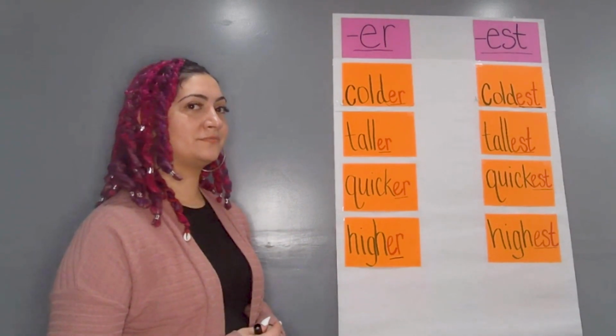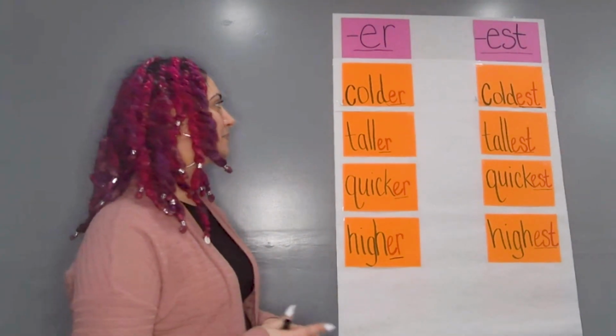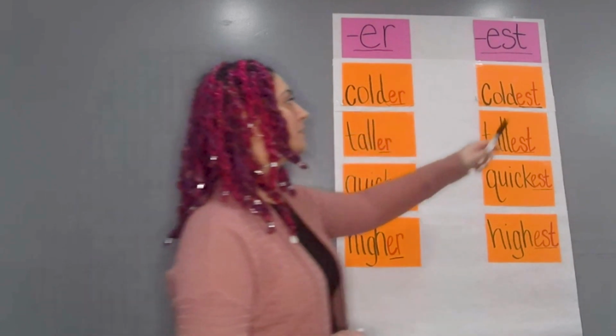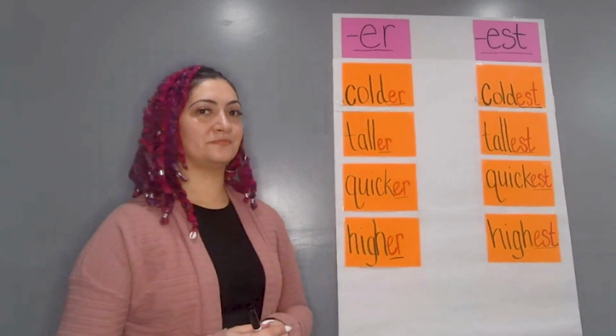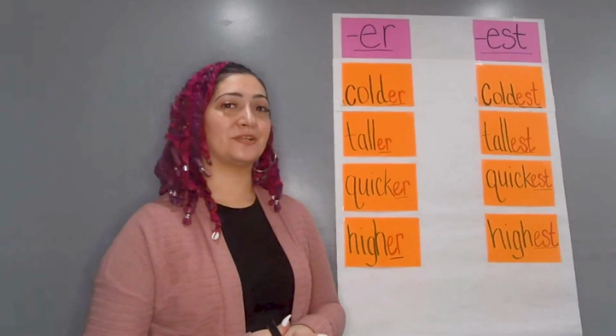Oh, cold, because it's winter. So do you think it should be the colder days are in February or the coldest days are in February? You're right. It is coldest because we're comparing more than two things. Nice work.